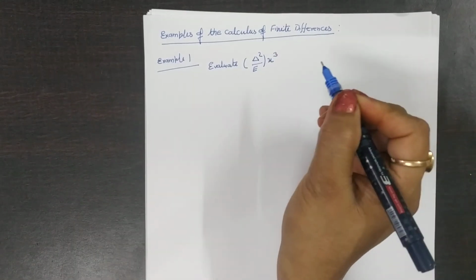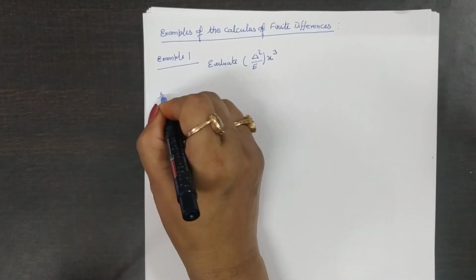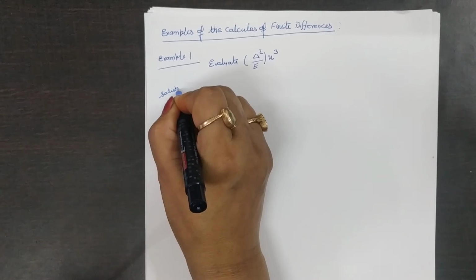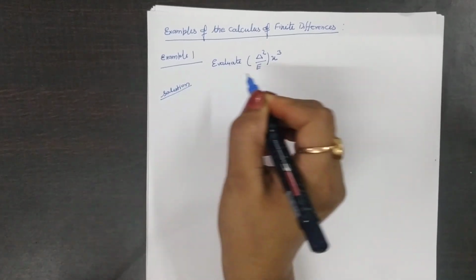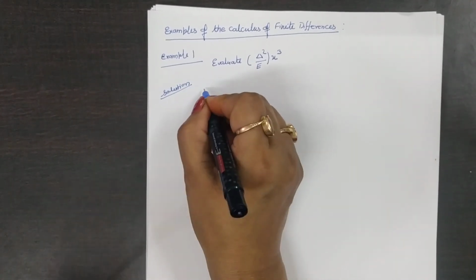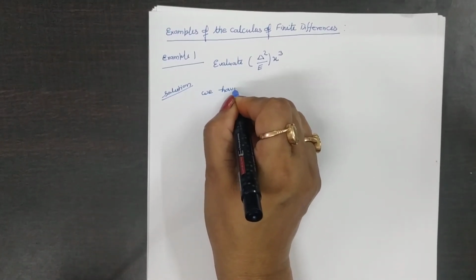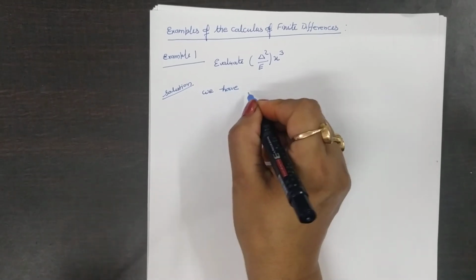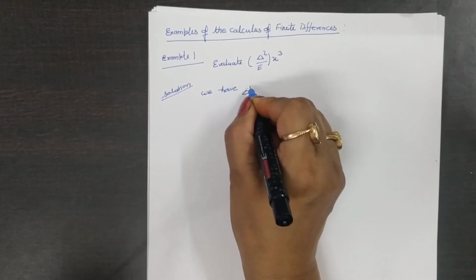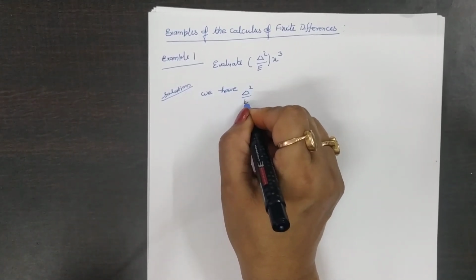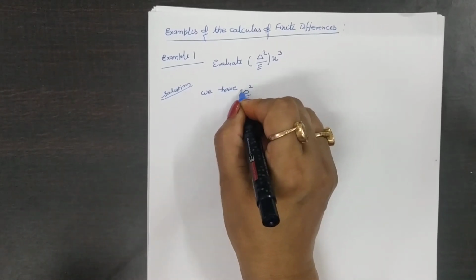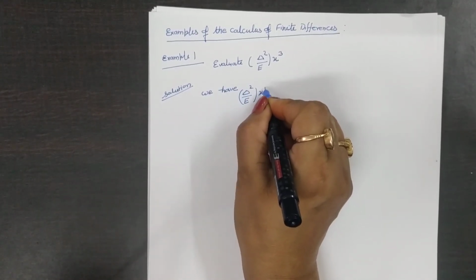Okay, this is one question. Now, the solution of this question: we have delta square divided by E operating on x cube.